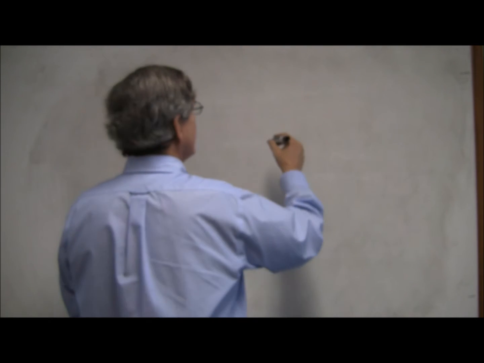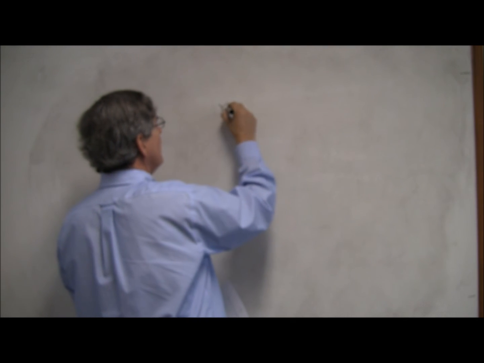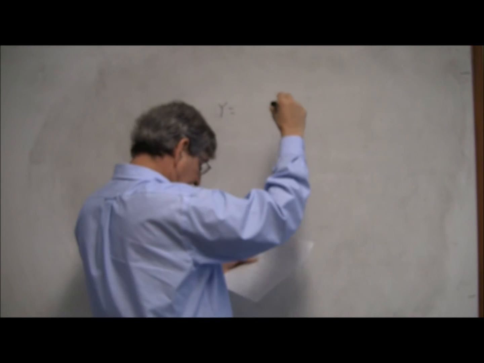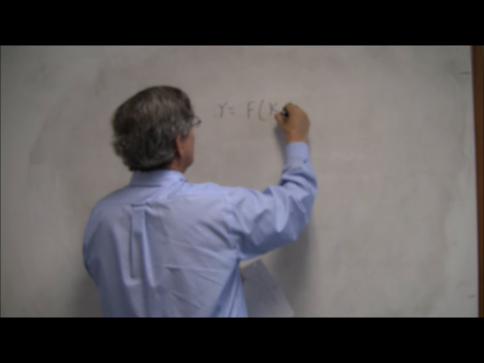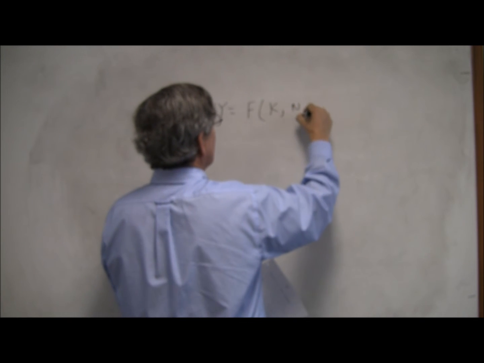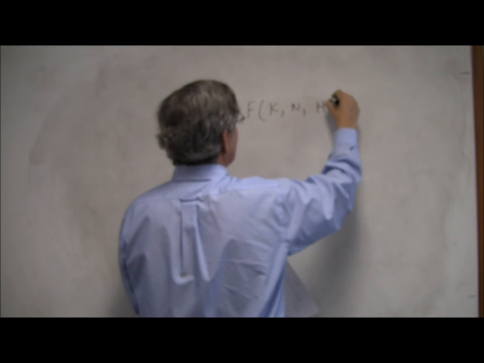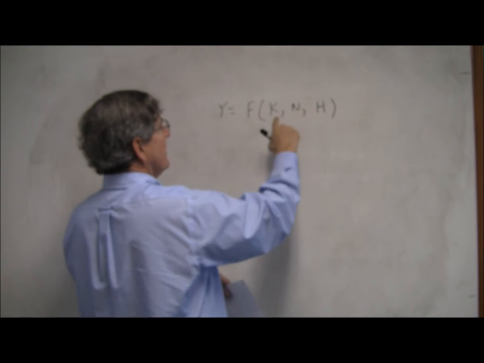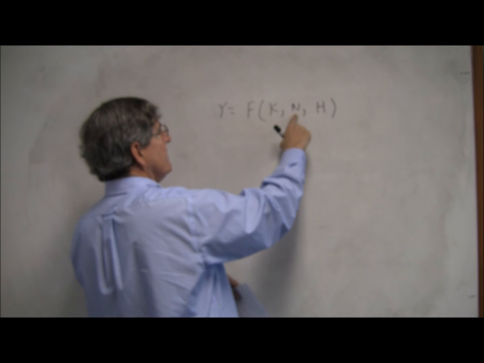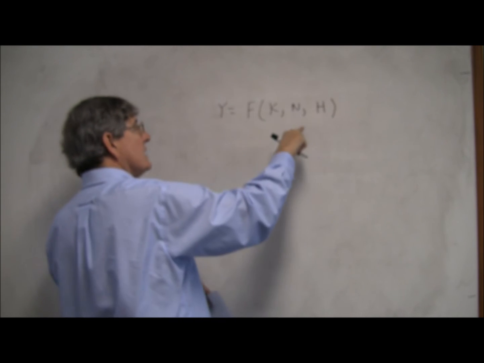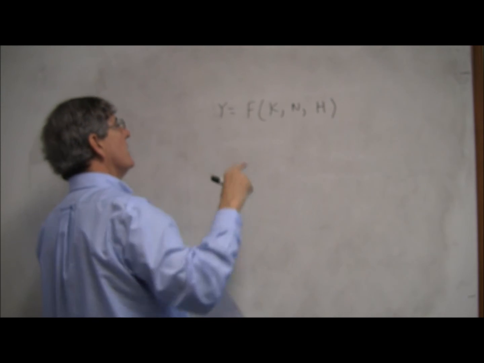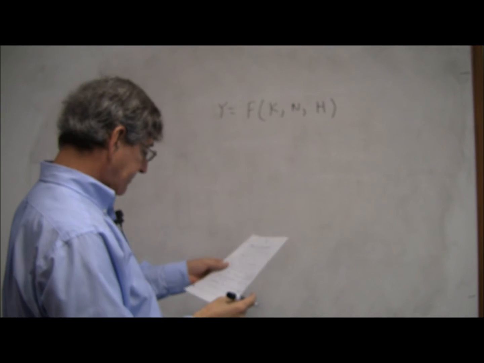What we're going to do is just what we did before. We're going to say Y is some function of capital, labor, and we're going to add human capital and say that matters. For a given stock of capital and a given stock of labor, the bigger H is, the more knowledge and technology we have, the bigger Y will be.